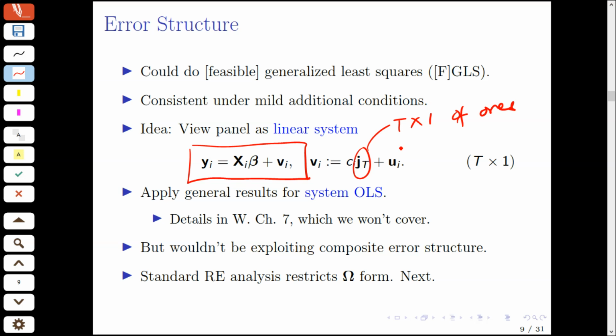We could proceed with an FGLS approach given this linear system and the assumptions made thus far, but we wouldn't really be fully exploiting the composite error structure given by the panel data. What's known as a standard random effects analysis will further restrict the form of the composite error variance matrix, and that's what we'll do next.